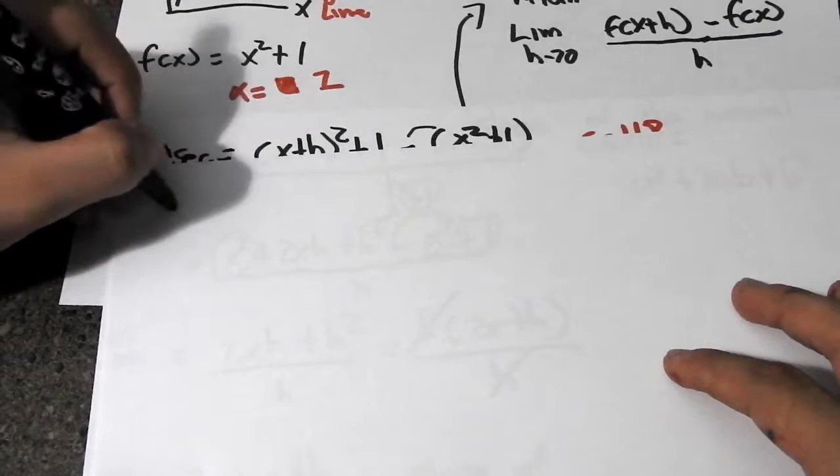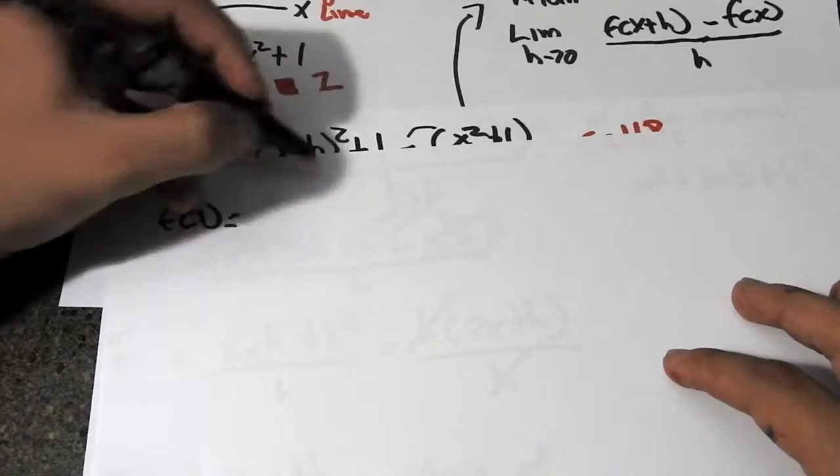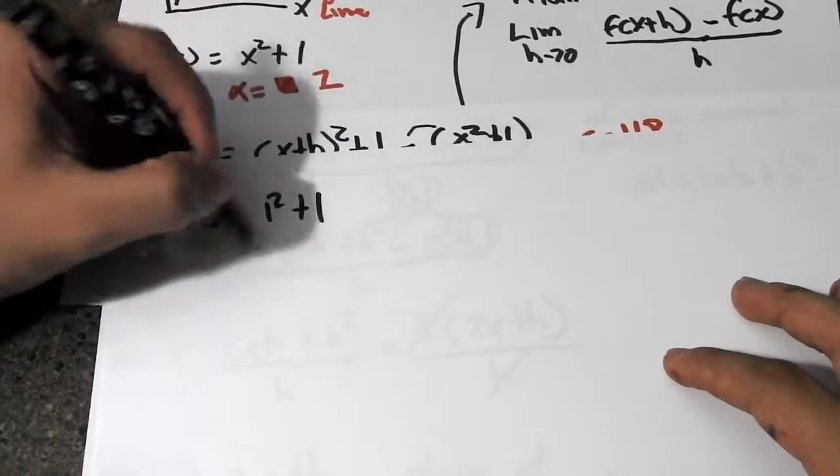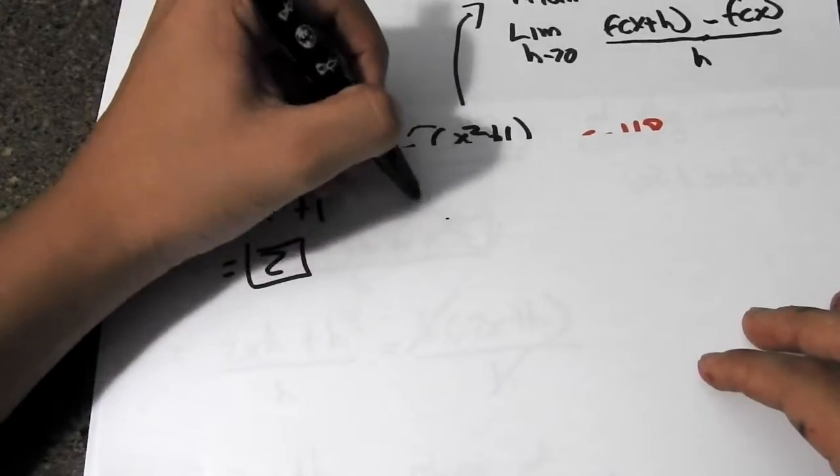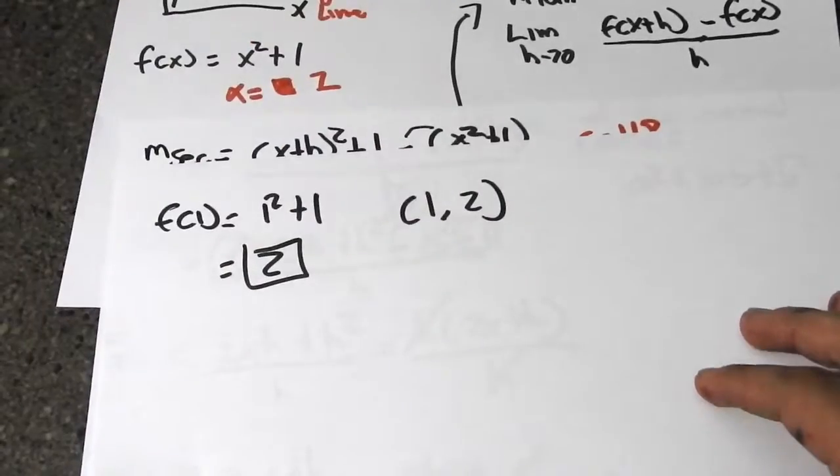So we have f of 1, 1 squared plus 1 is 2. So we have a point now. We have the point 1 comma 2.